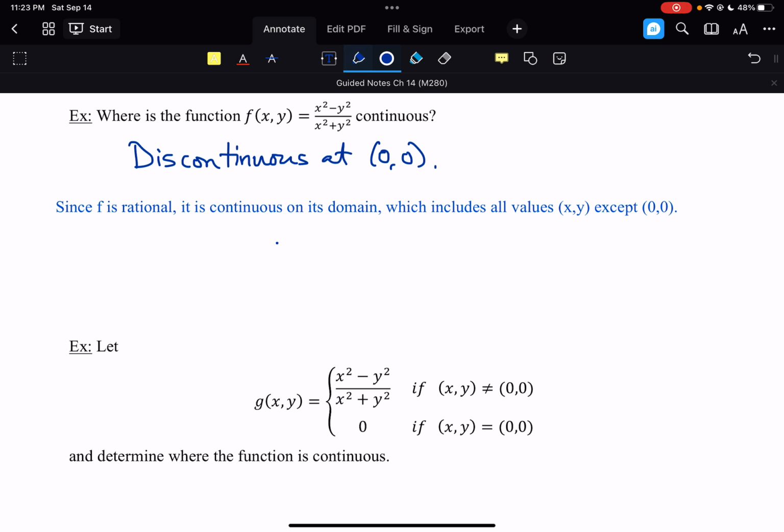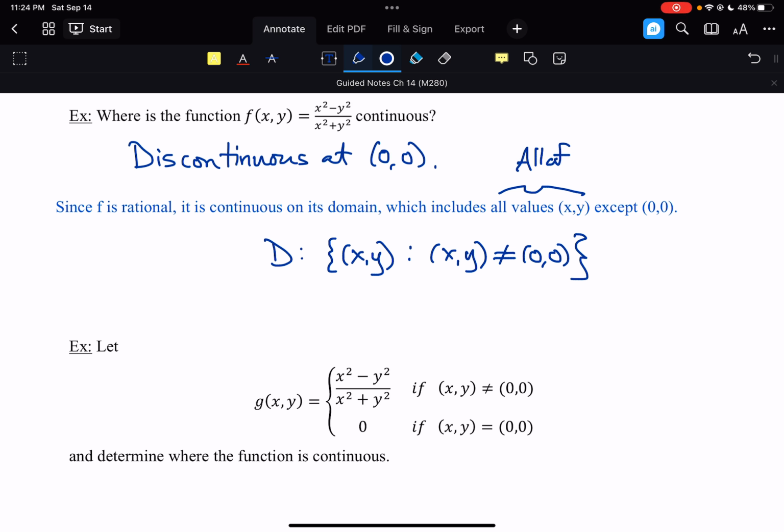So if we were going to write its domain, we would have D is the set of points (x, y) such that (x, y) is not equal to (0, 0). So we see that its domain is all of R2 except for (0, 0).